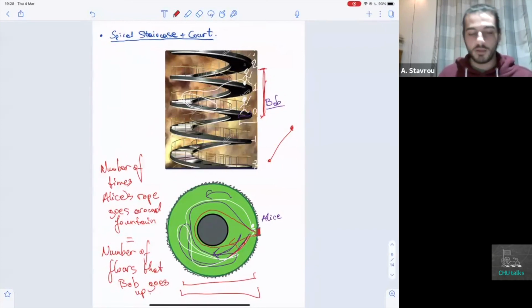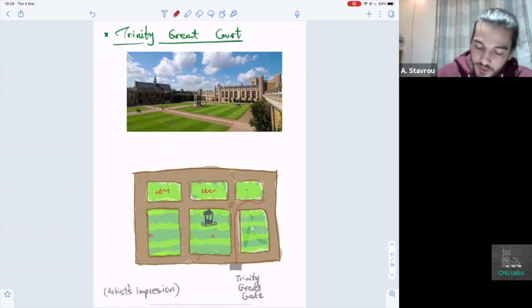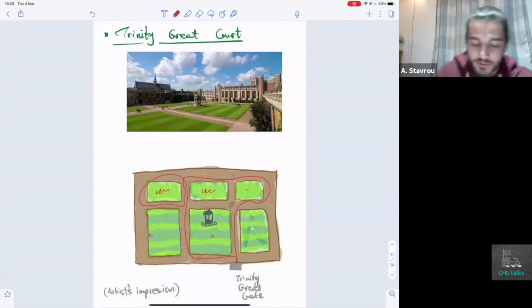Right, now if we wanted to classify paths in a more complicated world, like the Trinity Great Court, where we're not allowed to walk on this grass, nor that grass, nor any of these 6 patches of grass, just knowing how many times you went around each of these 6 courts wouldn't be enough to classify the path.